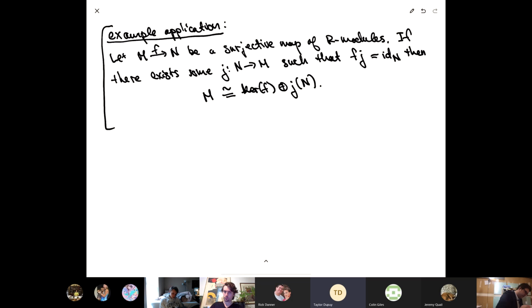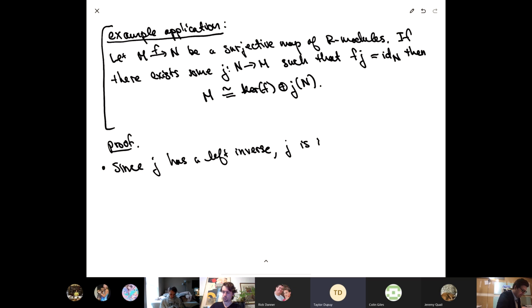And I'm going to prove it using the criteria that we had before. Okay? So let's do the proof. First, observe that since J has a left inverse, the map is injective.